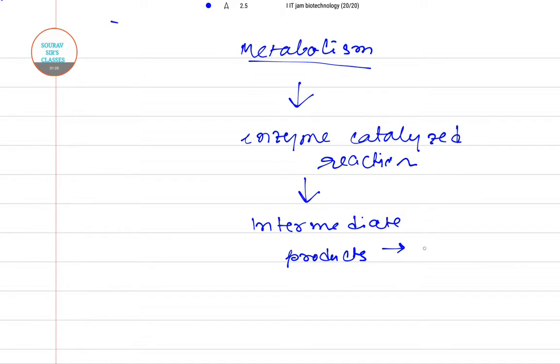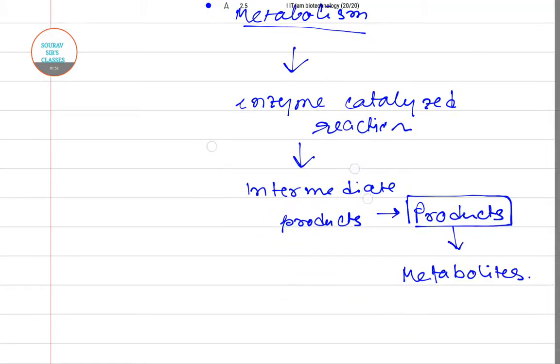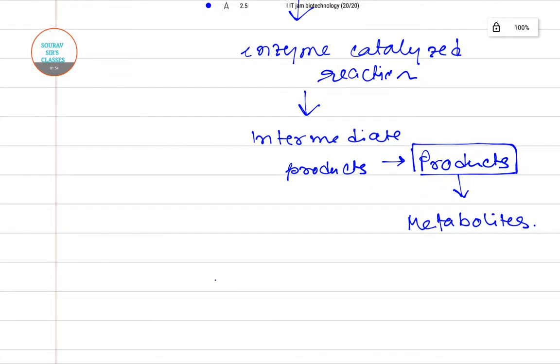And there are some products that form intermediately, but they are actually used for many huge roles in the living system or living cells. So these products we call metabolites. And the process of all of these chemical transformations is called metabolism.